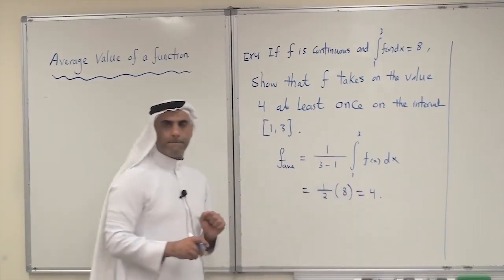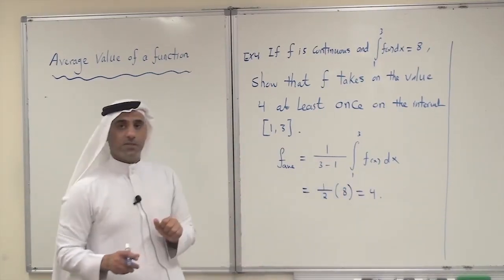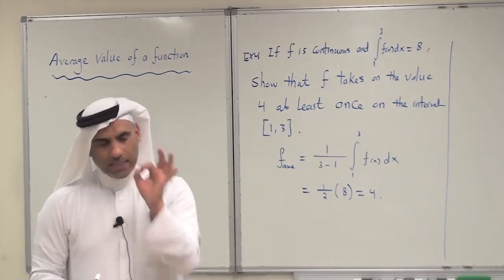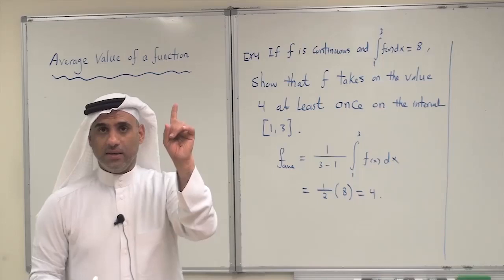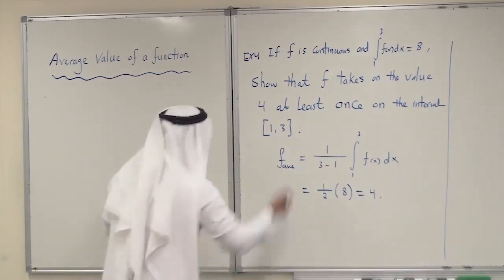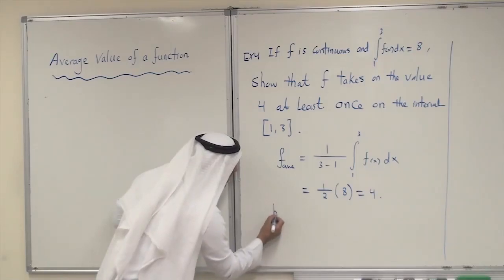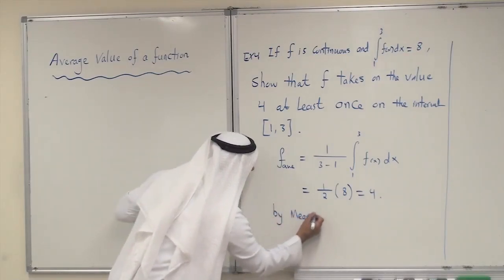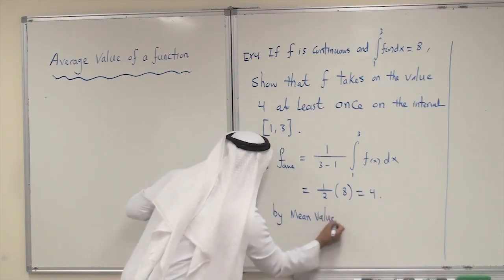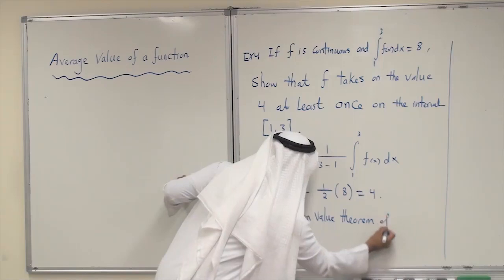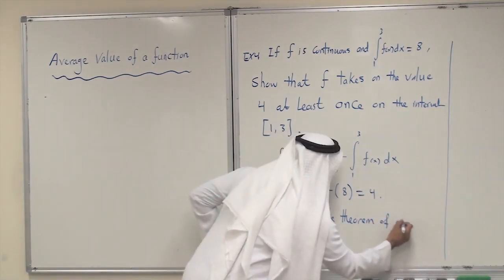Now, since this function is continuous, the mean value theorem of integrals says there is always a c whose image is equal to the average of the function. So we will conclude the result here by the mean value theorem of integrals.